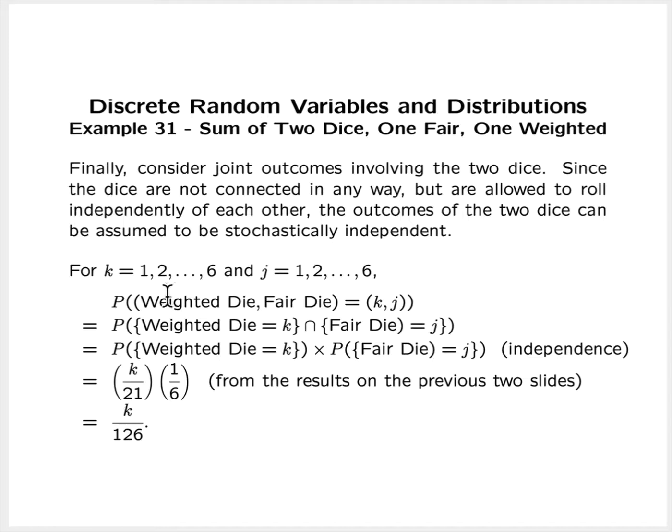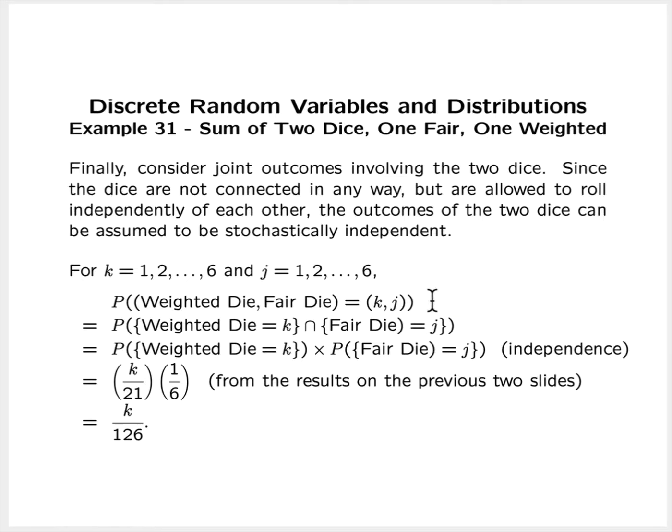So for k going from 1 to 6 and j going from 1 to 6 as well, the probability that the weighted die, one way we can read, well, let me read it two ways. The probability that a particular outcome, an ordered pair, where again the first coordinate is the weighted die, the second coordinate is the fair die, being equal to the ordered pair k comma j.